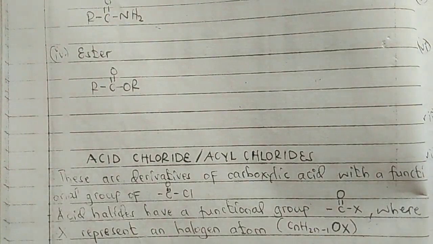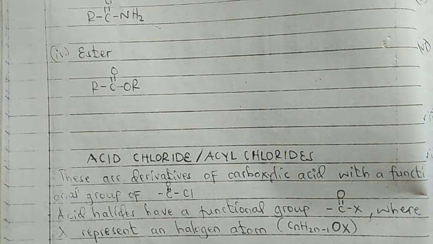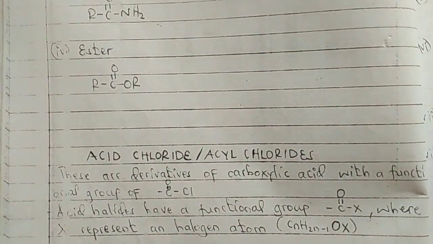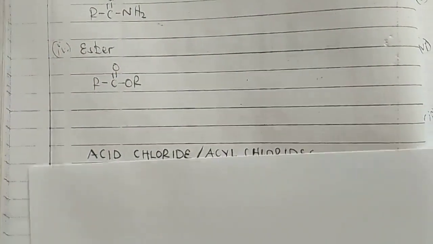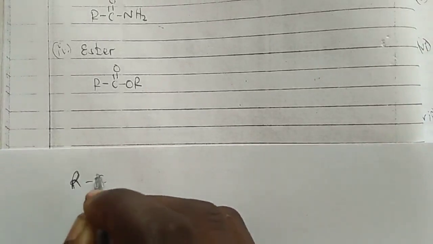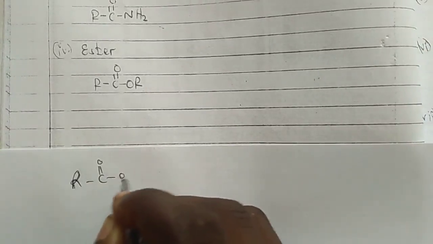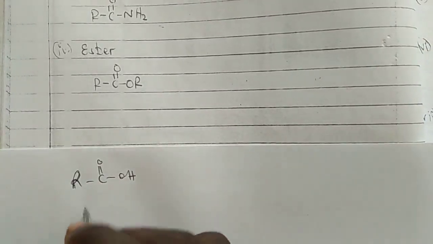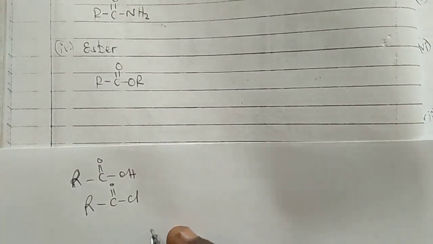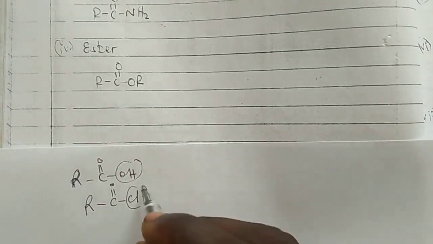These are the derivatives of carboxylic acid obtained when hydroxyl in the carboxylic acid is replaced by chlorine. As we know, the general formula of carboxylic acid is RC double oxygen then hydroxyl. So if it will be RC double O then chlorine, that means hydroxyl is replaced by chlorine.